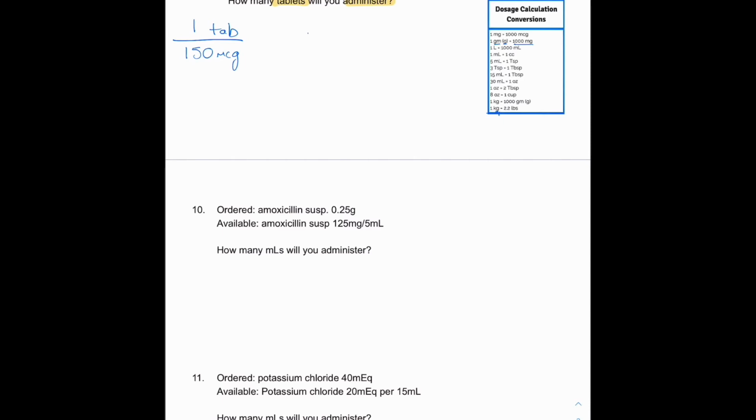So micrograms right here, and that's 225. Those cancel. So we're good to go to multiply across. So 1 times 225 is 225 over 150. You divide that out, and it equals 1.5 tabs.